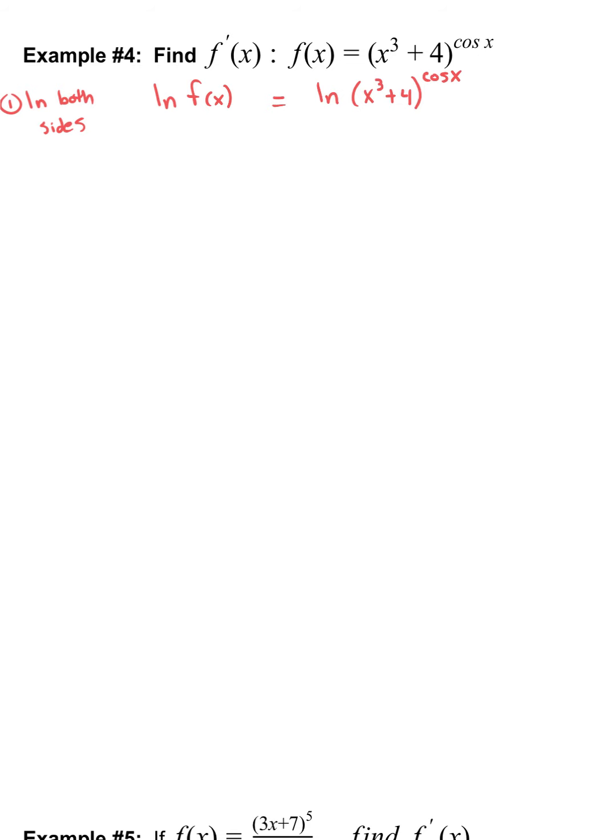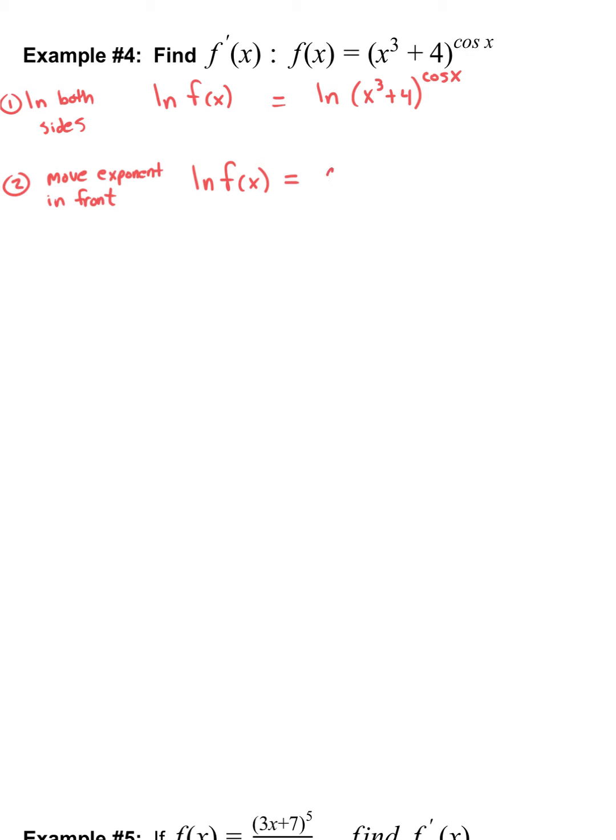Everyone can do that. Okay, the second step, we move the exponent in front. So simplify exponents using log properties. The left-hand side stays the same, natural log of f of x, but on the right-hand side, this exponent comes down in front.